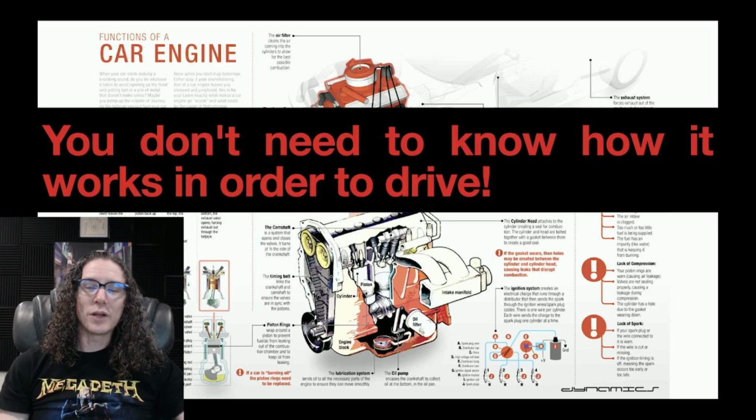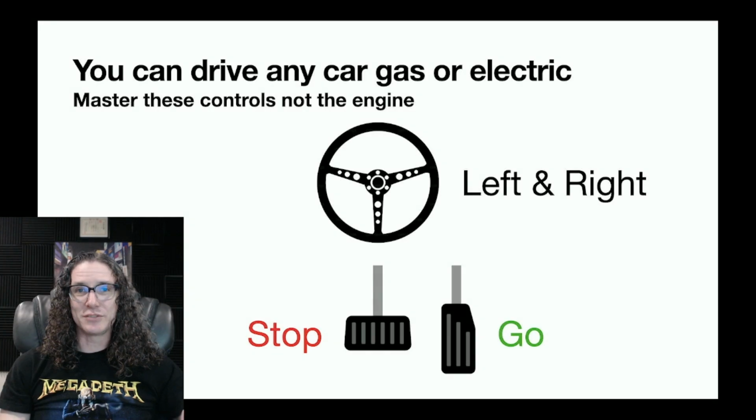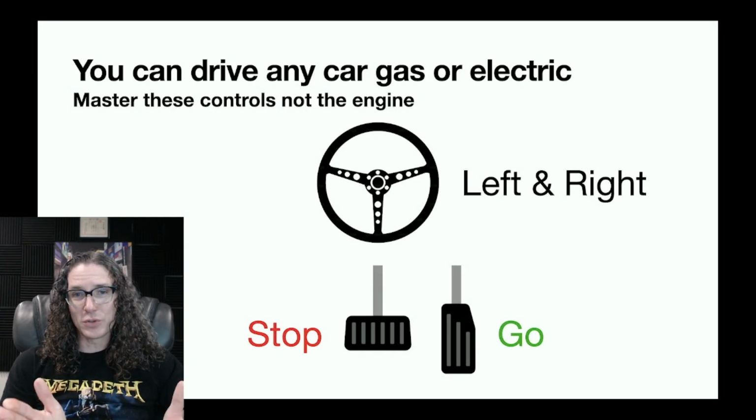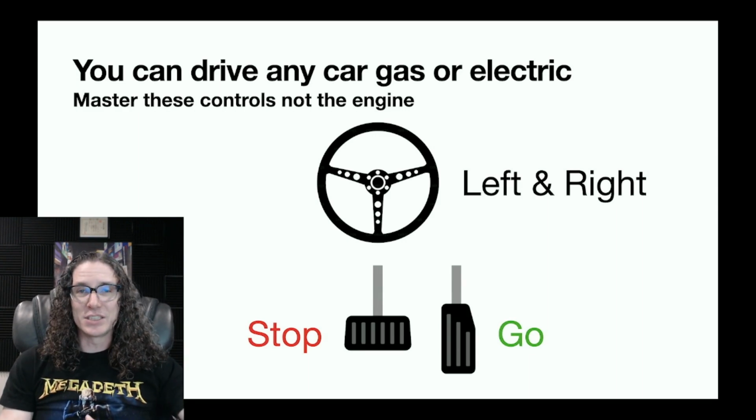Whether you're driving an automatic or a stick shift, all you need to know is how the controls work and how to manipulate them effectively and safely. The same concept applies with Crossmint. Crossmint allows you to mint a token with very limited knowledge of how the blockchain works, but in a safe way.